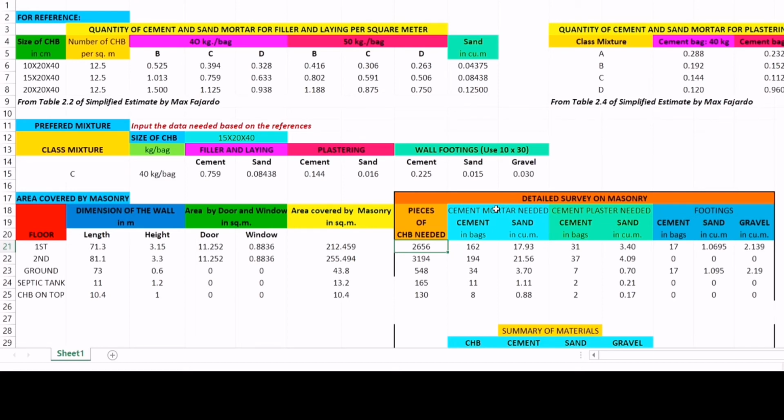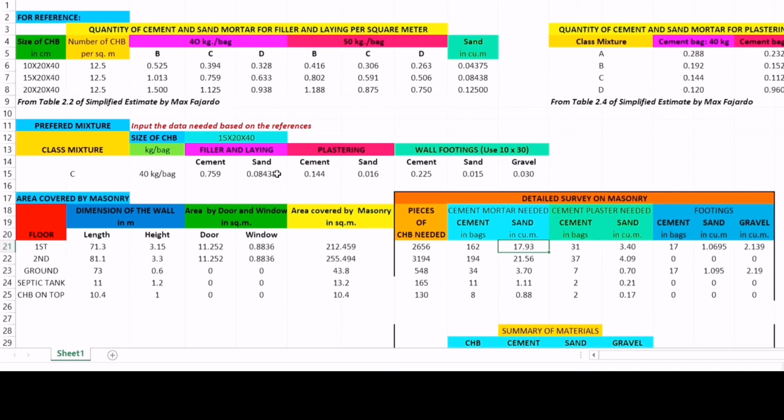Then for cement mortar, we simply multiply the area by the cement constant. 212.459 multiplied by 0.759 equals 162, already rounded up.